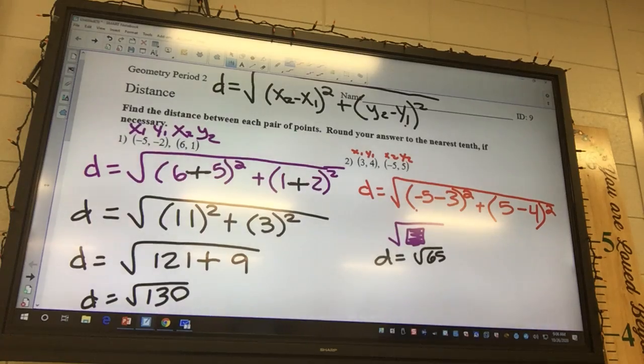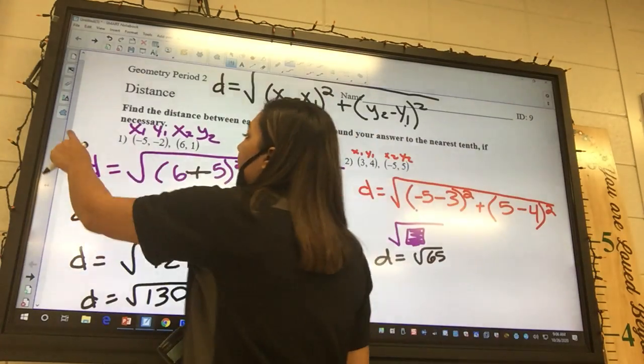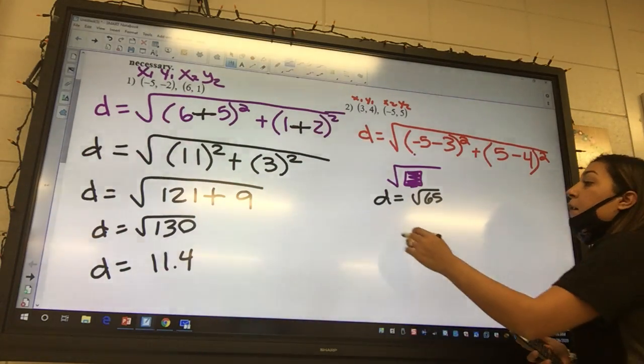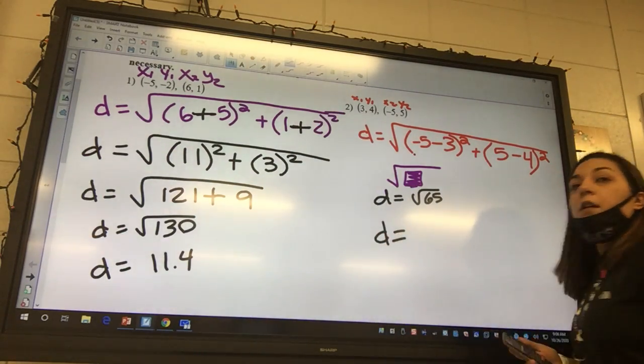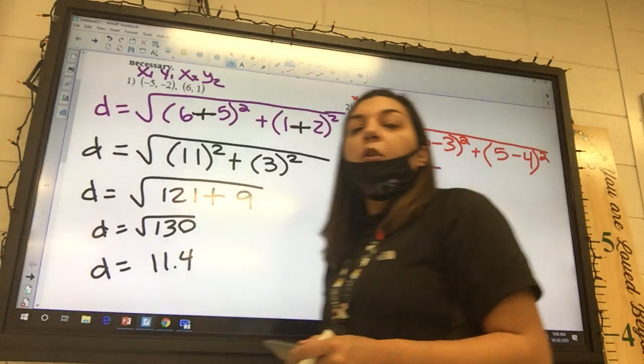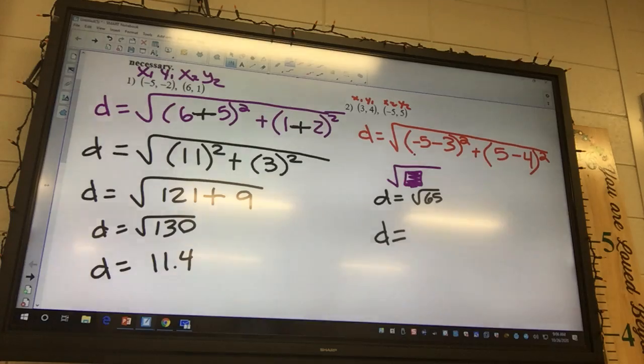The instructions say round to the nearest tenth. Some of you guys don't remember the place values.